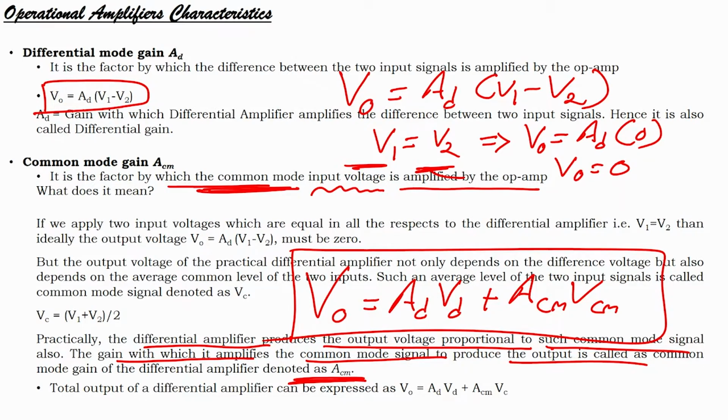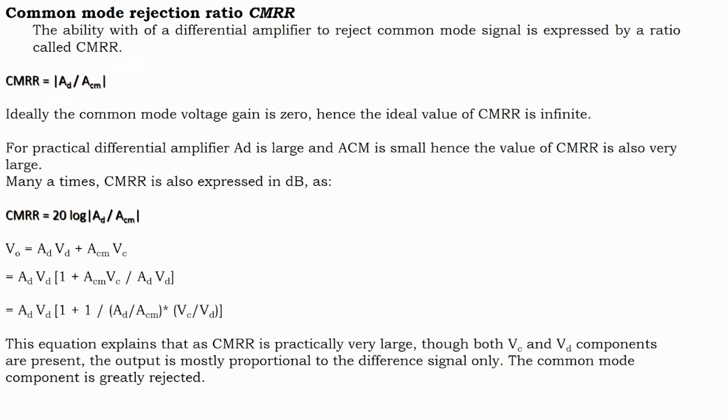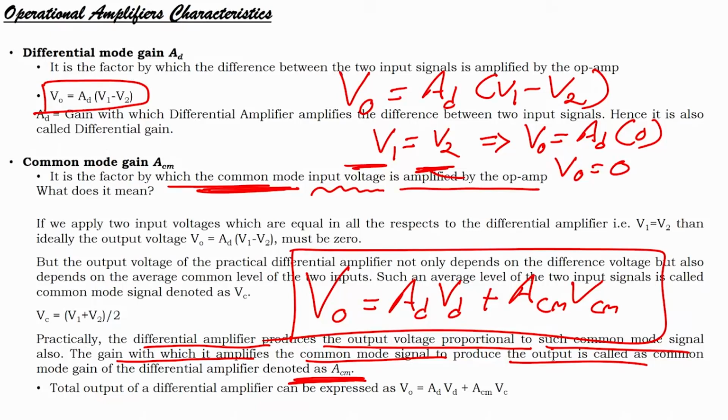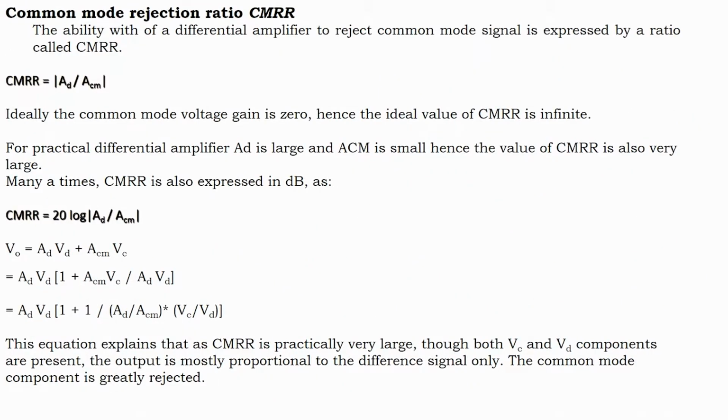Okay. So, in this particular case, I will use this common mode signal, the common mode gain, and the differential gain to understand a very important property, which is called common mode rejection ratio, a very important term for an operational amplifier.